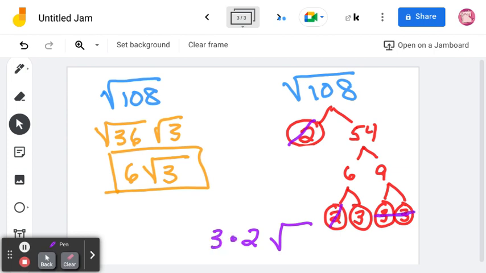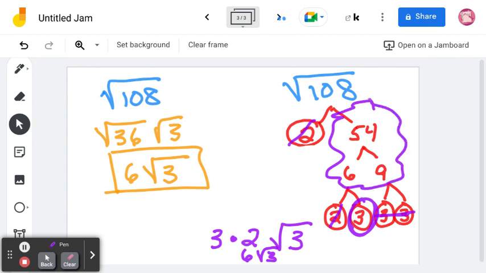This other 3 has no match, so that stays inside. So your simplified radical is 6 times square root of 3. Now, all of these numbers we don't use because we made them smaller. You're only using the prime numbers. So in a nutshell, really quick, that's how you simplify radicals.